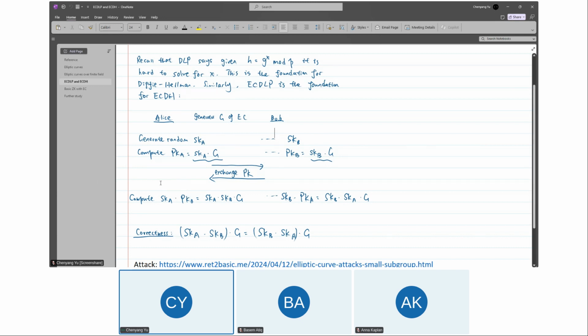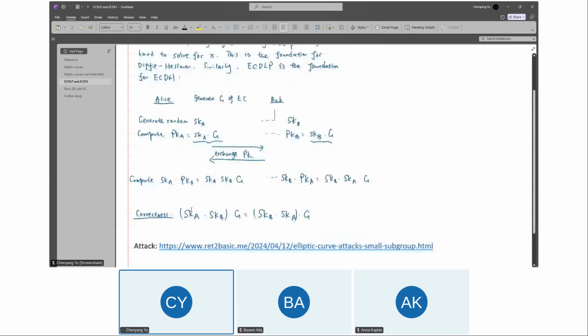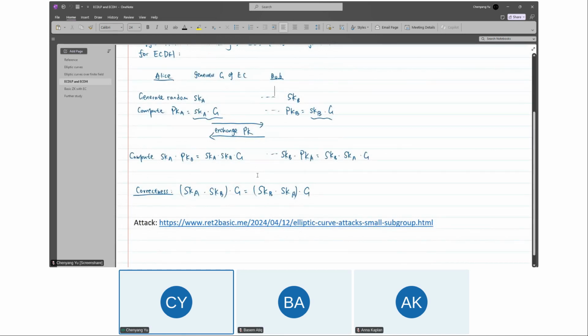They multiply the information that comes from Bob, and the information PKA that comes from Alice, by their secret numbers, and the correctness is pretty easy to verify.